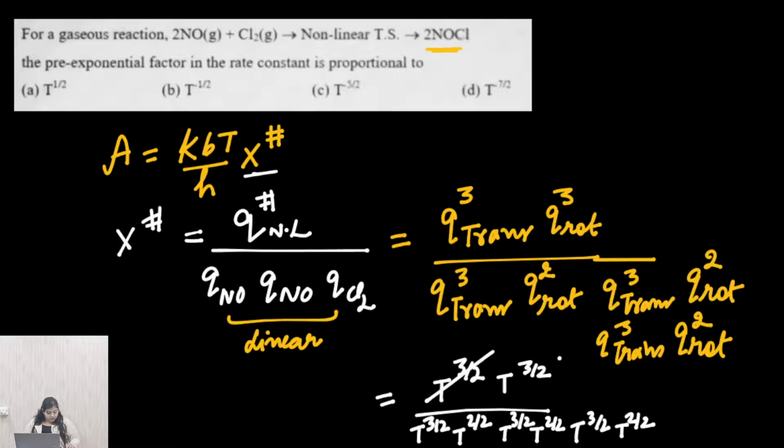So this 3 by 2 and this 3 by 2 will get cancelled, this 3 by 2 and this 3 by 2 will get cancelled out. So we are left with 1, 2 and 3. So 3 plus 3 by 2 becomes 9, so T raised to the power of 9 by 2. This is what we are getting for the x vector.